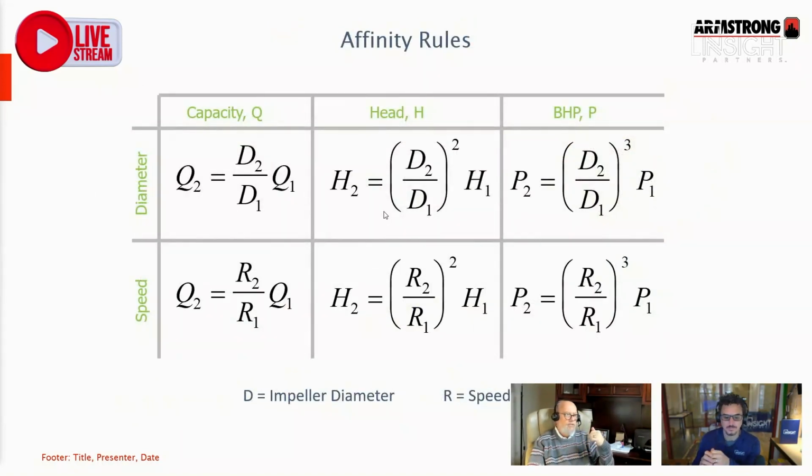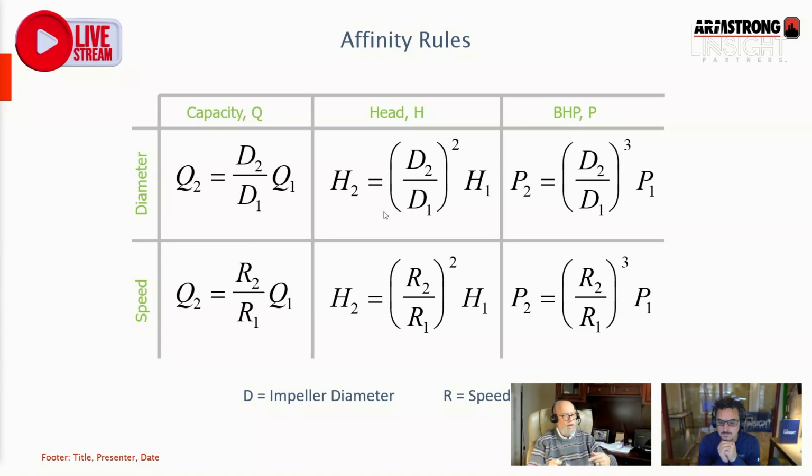So let's talk a little bit about the pump affinity laws, okay? And understand, this is what they look like mathematically, and understand speed and flow are directly proportional, okay? So at a fixed diameter, if I decrease the speed by 50%, I just decrease the flow by 50%. It's really simple, okay?